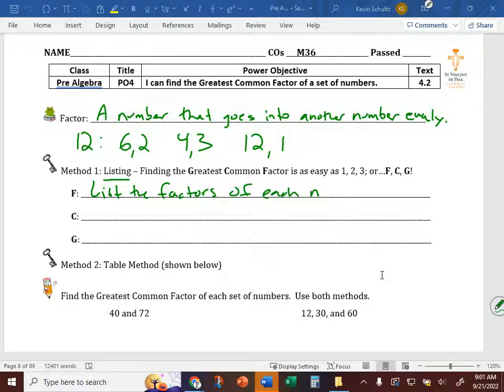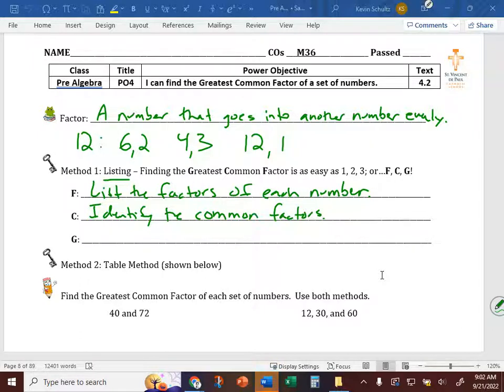Your first step is to list the factors of each number. List the factors of each number, like we did with 12 up there. We listed the factors, 6 and 2, 4 and 3, 12 and 1. C stands for common. So then you want to identify the common factors.